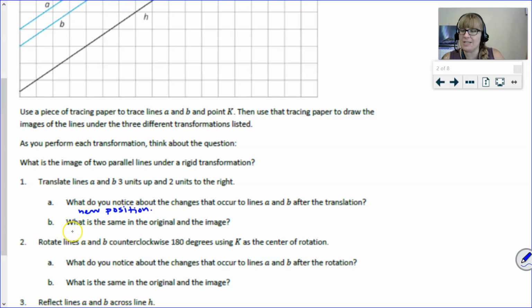For example, we can see that lines A and B are still parallel. Which means that they're still the same distance apart. And we can also see that they are still going in the same direction.